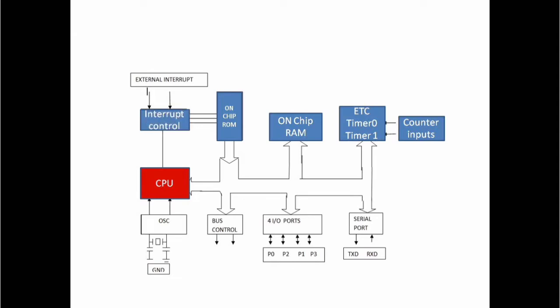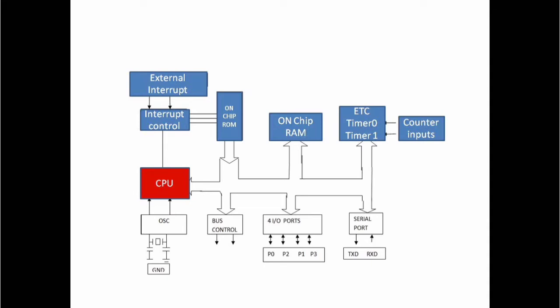The next block is the interrupt control. The microcontroller serves a variety of devices, and whenever some external devices need service from the microcontroller, interrupt signals are generated. When the interrupts are generated, the microcontroller completes the execution of the current instruction and then it will serve that particular device.